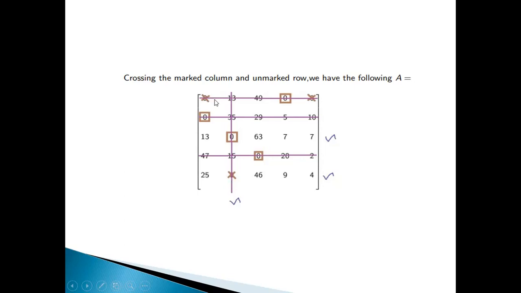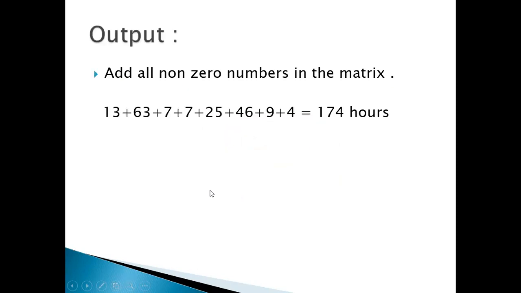So these rows and columns we have to delete completely. Delete rows 1, 2, 4 and the column 2. And find out the non-zero entries in the matrix. So add all the non-zero values in the matrix and find out the total hours, the time duration of performing the job by the people.